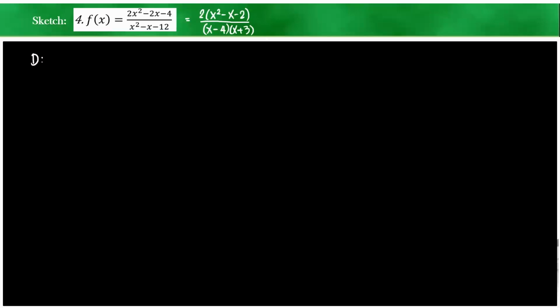Can we further factor out the one on top? Yes. That becomes 2 times x minus 2 and x plus 1. At the bottom, that's x minus 4 and x plus 3. So I can see that my domain, just by looking at the factored form, x cannot be 4 or -3.